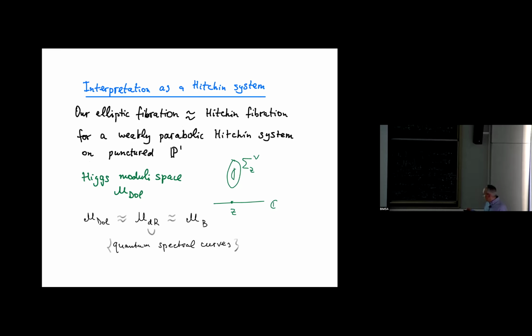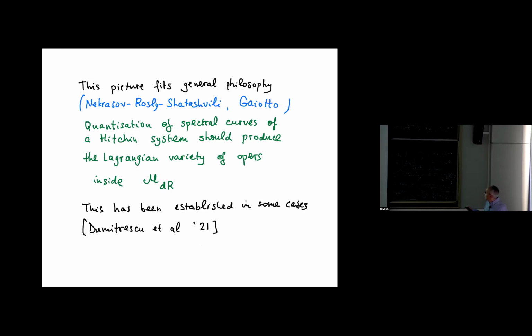All right, but what we get as a result here is that it matches this philosophy going back to Nekrasov, Rosly, Shatashvili, and Gaiotto, which tells you that quantizing spectral curves of a Hitchin system should give you a Lagrangian variety of opers inside the de Rham space.